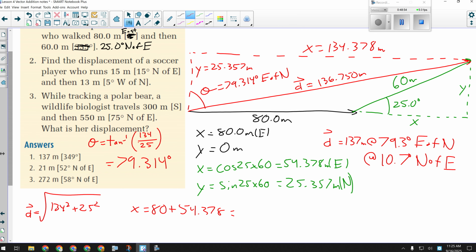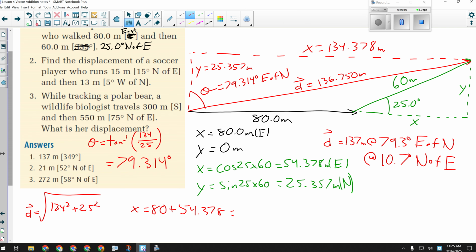The diagram is without a doubt the thing that trips people up, especially if you've got one that's north of east and then one that's west of south, and they go right back and there's a tiny little result like this. That's where the scale of your diagram is important, because you'll do your math and you'll be like, I don't know, that's not how my picture looks. But again, it's probably your picture that's wrong. It's probably your math that's right.